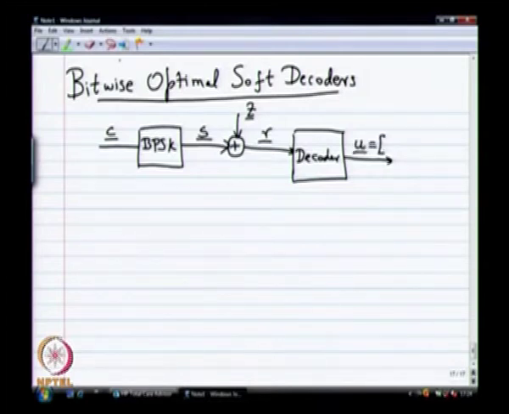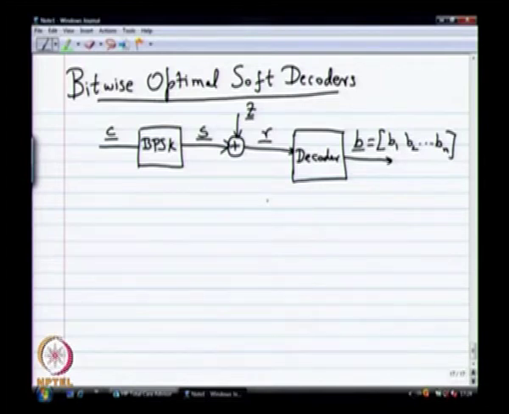Let us not say U, U is a bit misleading. I do not want to use C cap because it is not necessarily a code word. So let us just say B, B for bit. So it will output a vector B1, B2, ..., Bn.